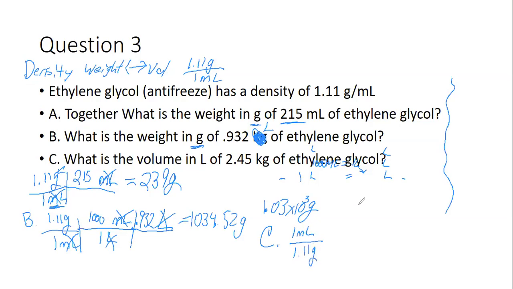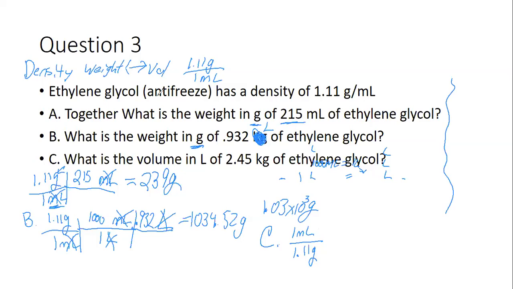The reason I did that is because I want my final unit to be a volume. So I want my volume at the top of my density instead of my weight. So I have 1 milliliter over 1.11 grams this time, because my final answer should be a volume.